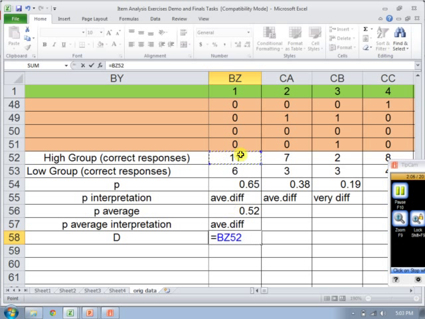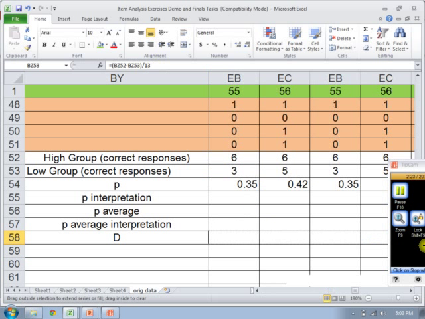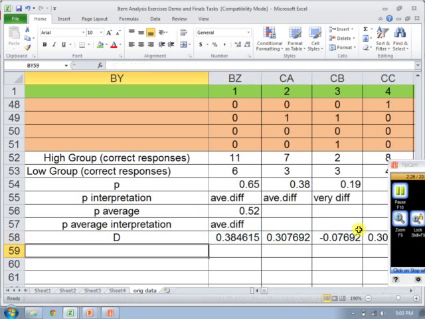It's there already. Then we go minus 6. Put a parenthesis, divided by 13, not 49, alright? You have 0.38, and then you drag that until the 75th item, if there are 75 items, of course. And then we go to interpretation.